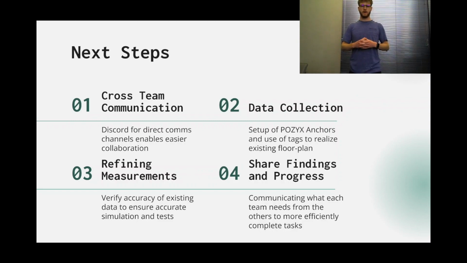Refining measurements, verifying the accuracy of the existing data, just really running through the code and the software, making it the cleanest and most efficient look and layout of the track. And then just being able to share and communicate our findings and progress, and continue with the documentation and developing more efficient templates to report to.